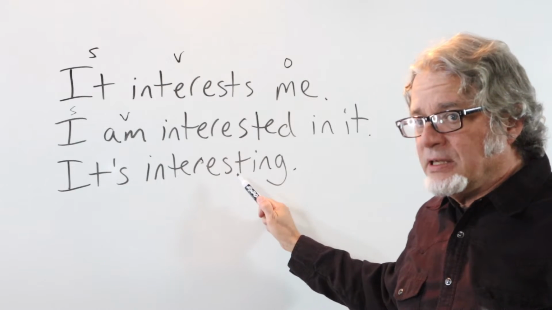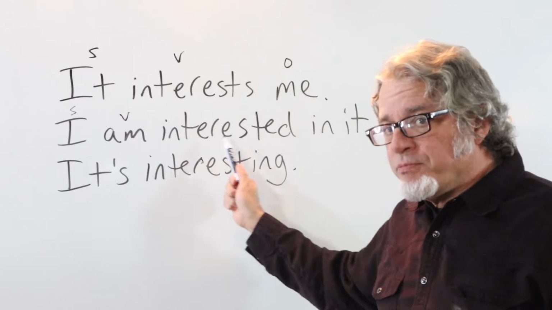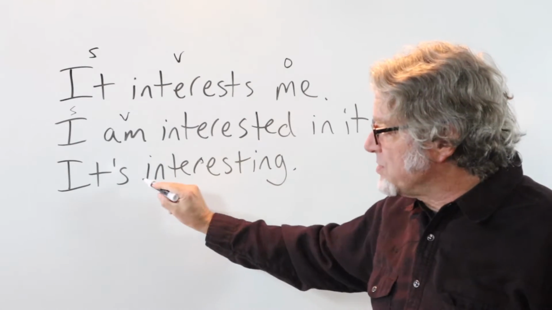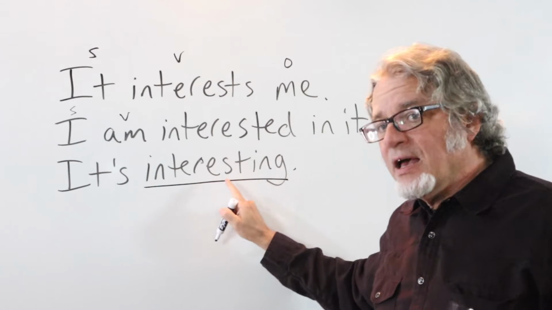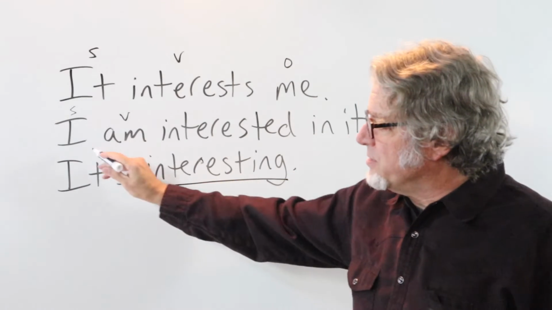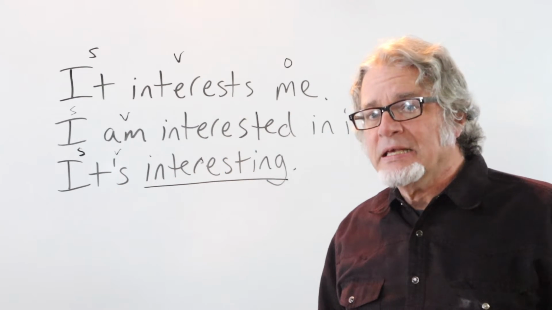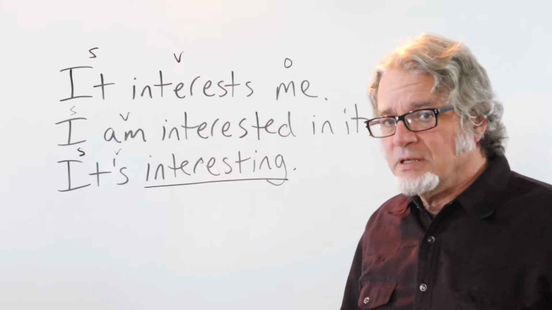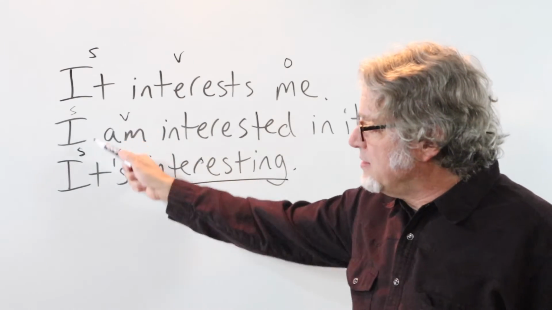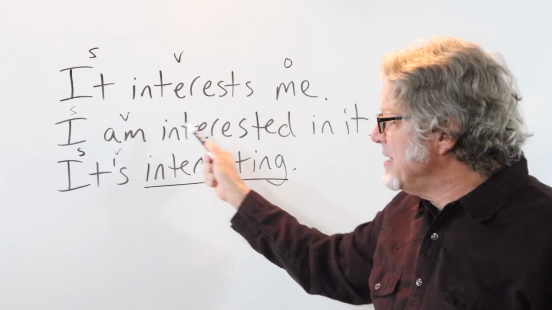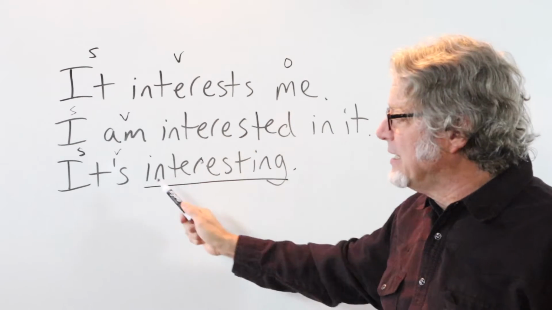It's interesting. This is a present participle that's functioning as an adjective. Here's the subject, here's the verb, and interesting is an adjective. Notice the difference between these two. I'm interested in it.